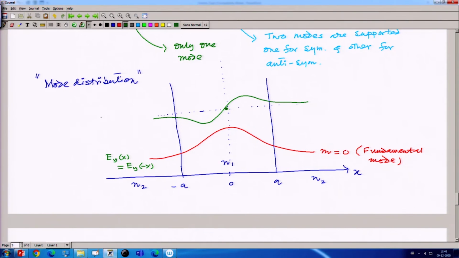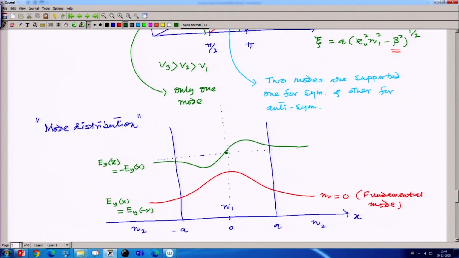In this case, E y of x equals minus E y of minus x is valid. So, this is a symmetric mode, and this one is an antisymmetric mode. I can go on with higher order modes.